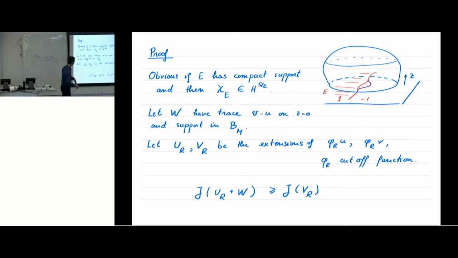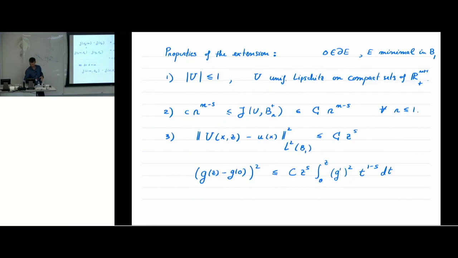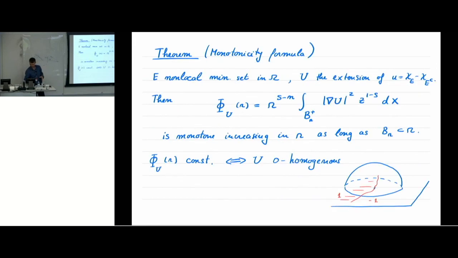And why is this important? I'm running out of time, but this is important because the monotonicity formula would be expressed in the extended variables. So this we'll do next time. I'll just say here that next time we'll prove that if I look at the extension variable and I rescale it properly under homogeneous degree zero dilation, this is a monotone quantity.